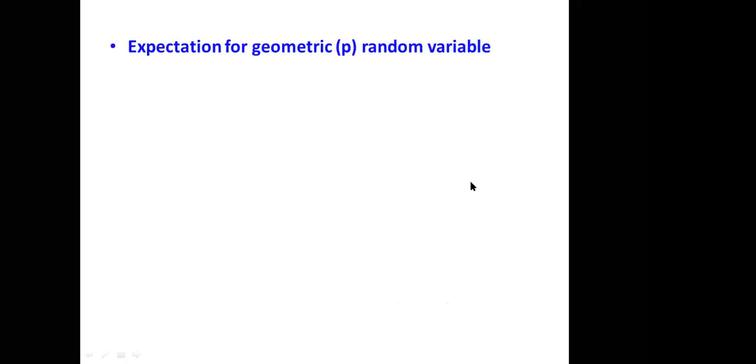Now we talk about the expected value for the geometric random variable. Now we need to find out what the PMF of a geometric random variable is. Can you remember? Can anyone help me? What is that?